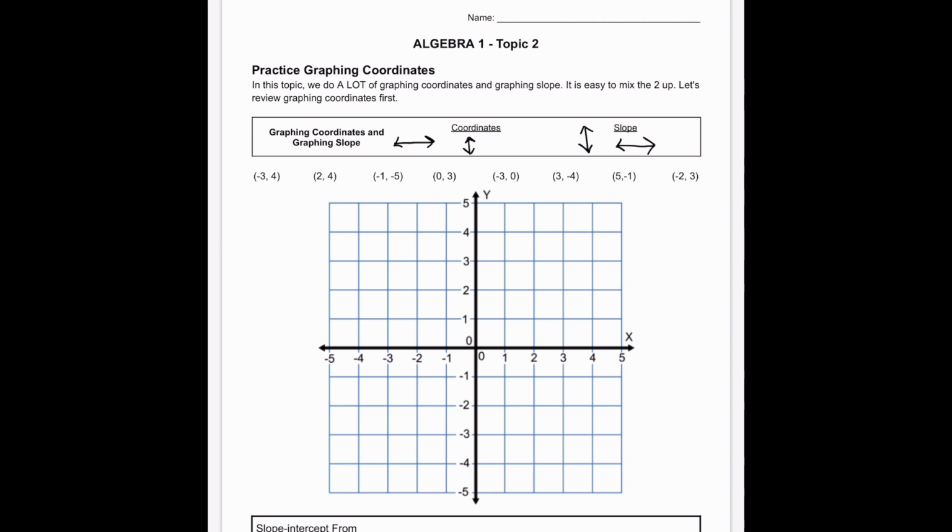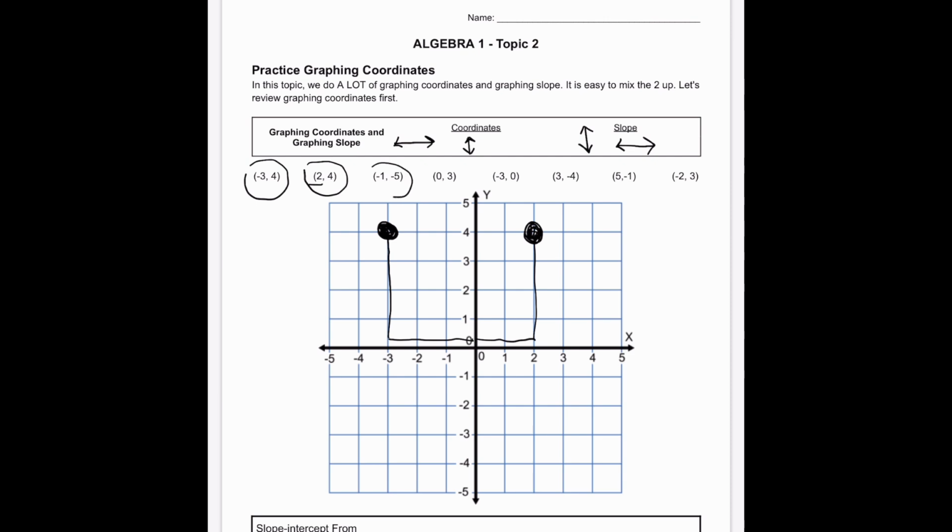For example, if we were going to graph (-3, 4), I would go over -3, up 4, and make a dot. Same thing with (2, 4): I would go over 2, up 4, and make a dot.